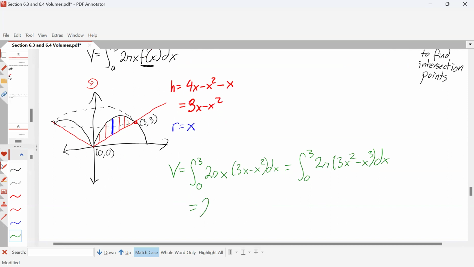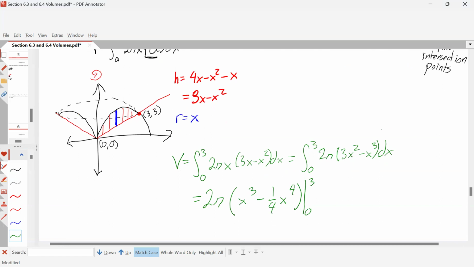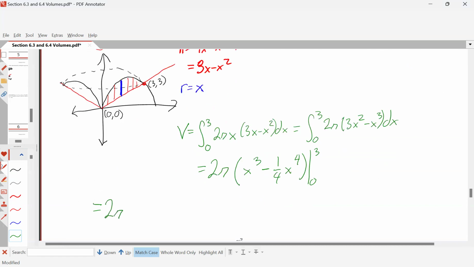Integrating this, we get 2 pi of x cubed minus 1/4 x to the 4th, evaluated from 0 to 3, or 2 pi times 3 cubed minus 3 to the 4th over 4 minus 0 cubed minus 0 to the 4th over 4.